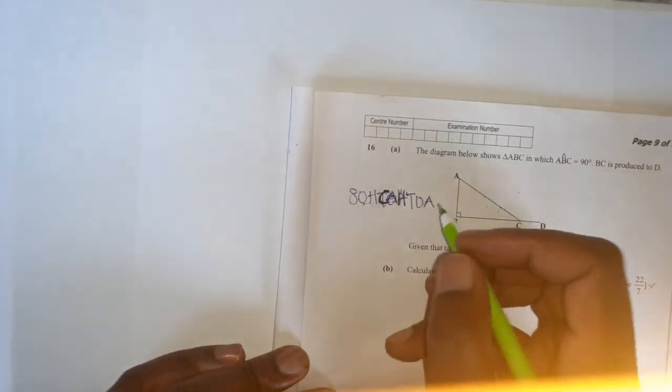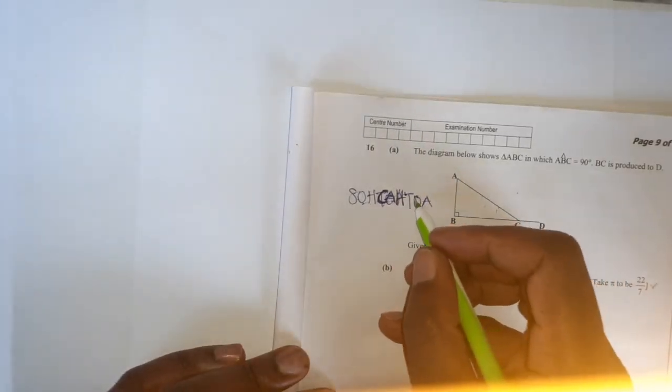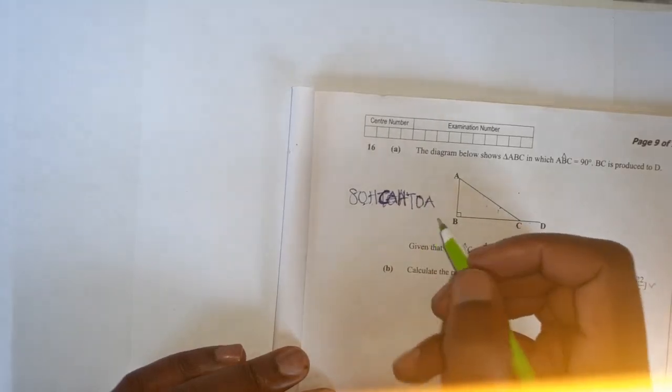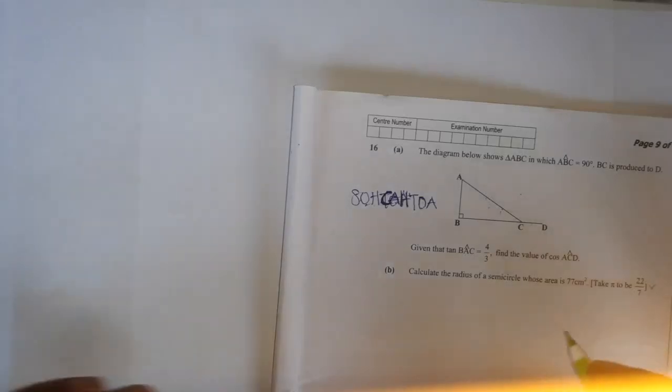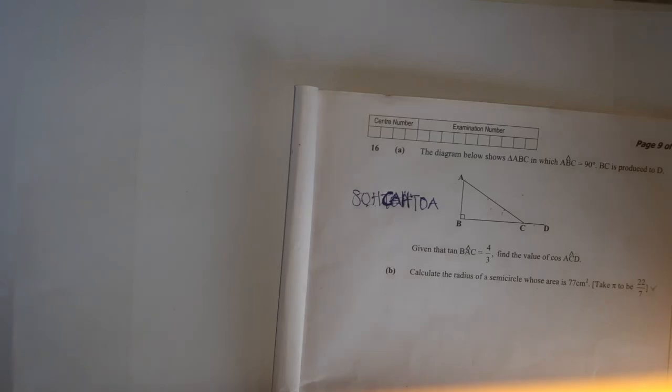Then tan is equals to opposite over adjacent. That is what we need now to look at. So tan is equals to opposite over adjacent.